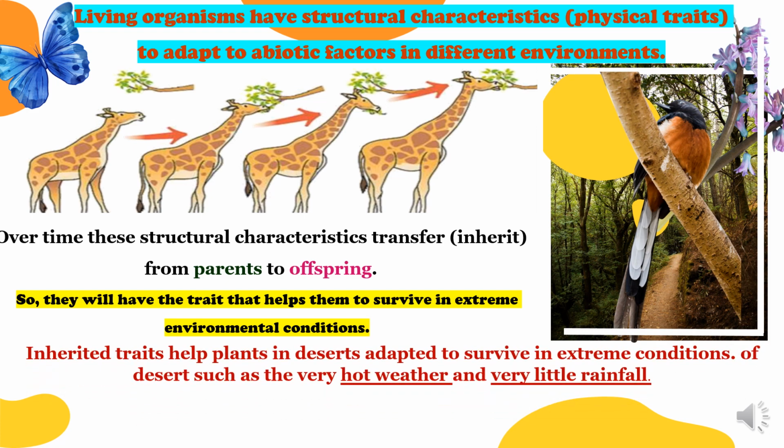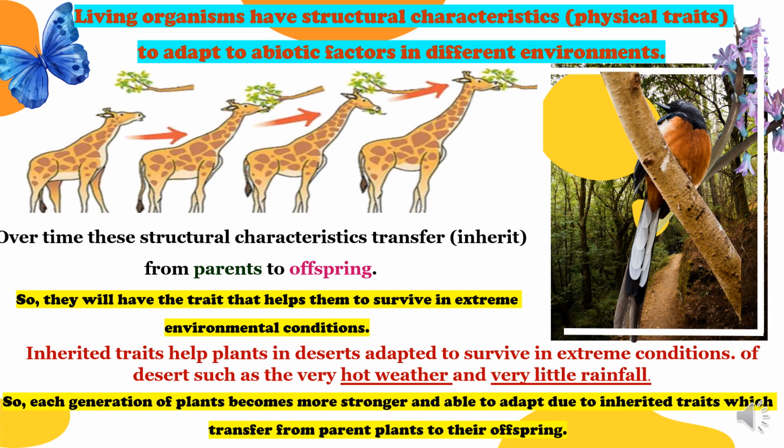Inherited traits help plants in the desert survive the extreme conditions of the desert, such as the very hot weather and very little rainfall. So, each generation of plants becomes stronger and able to adapt due to inherited traits which transfer from parent plants to their offspring.